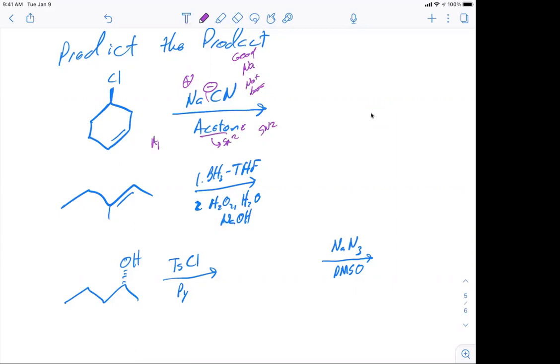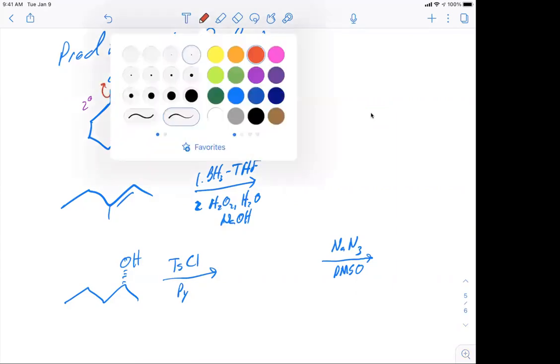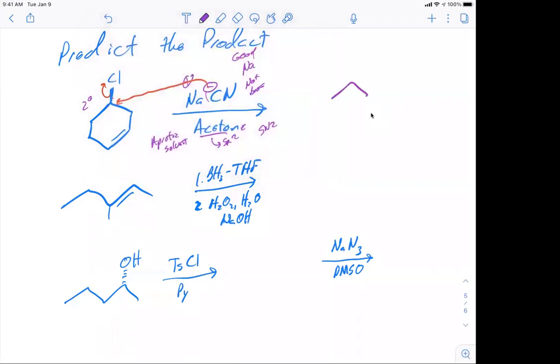This is an aprotic solvent. Aprotic solvents favor SN2. And then here we have a leaving group at a secondary position. So all of this suggests SN2. It's going to attack from the backside. And so therefore my product will be the SN2 product, which will have the cyanide coming from the back.